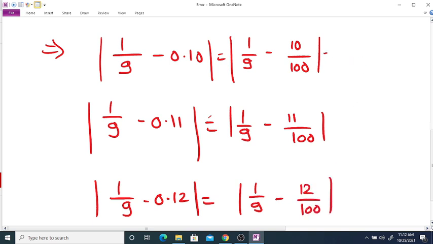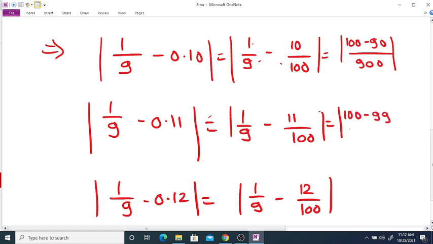If you simplify this, it is 100 minus 90 divided by 900, here 100 minus 99 divided by 900, and here 100 minus 108 divided by 900.